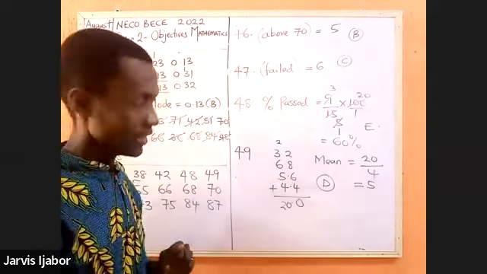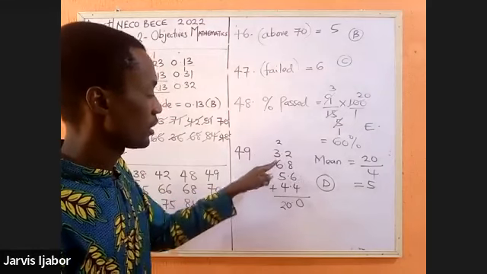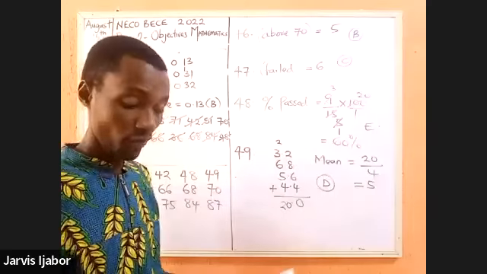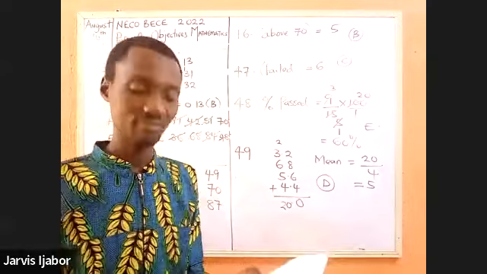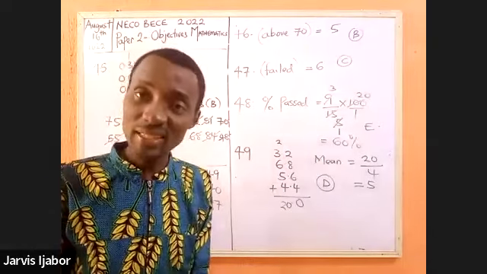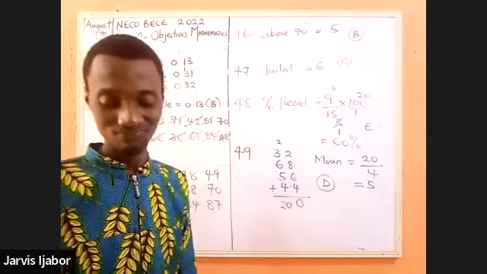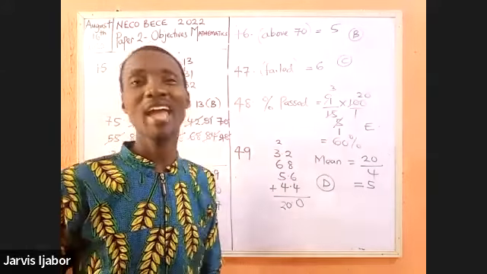You know why? Because look at these 2 big figures. They will tend to push the mean more towards this region. So the mean cannot be 8, cannot be 7, cannot be 6, and cannot be 4. So this is one of those questions that are IQ too.